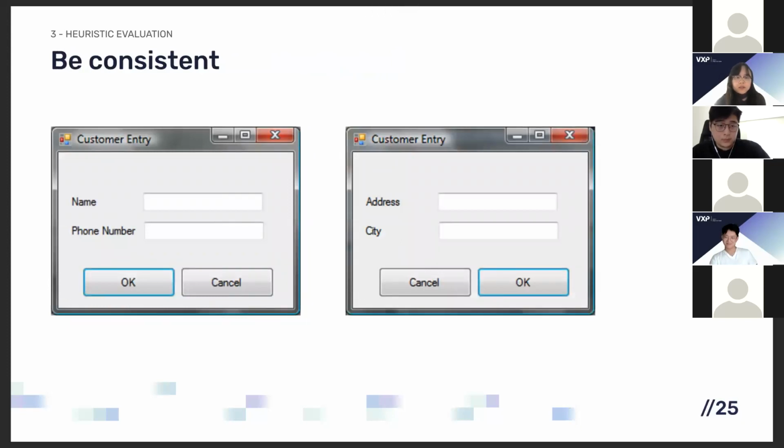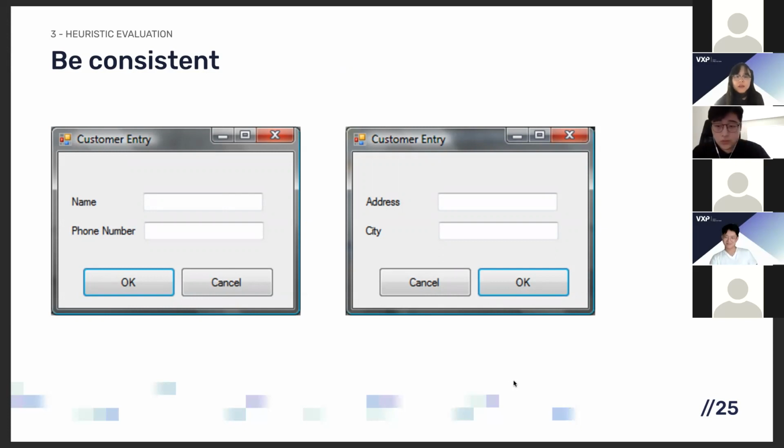And be consistent. Is the interface consistent across all sites? Why is this OK button jumping between left and right, moving on to different dialogues? When there is a lack of consistency on the interface, users would have to relearn it every time they encounter a new pattern. So there are going to be a lot of problems with the learnability and memorability of the UI.